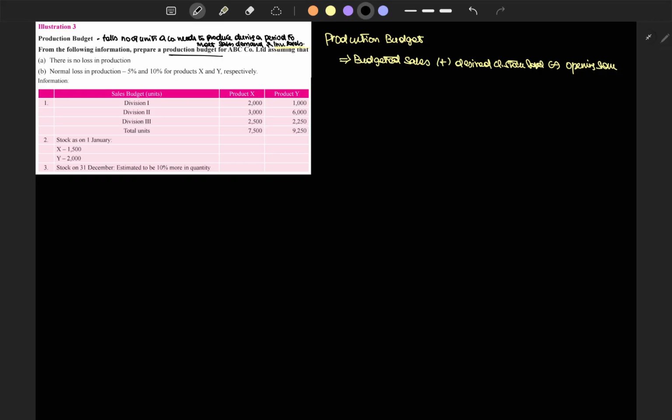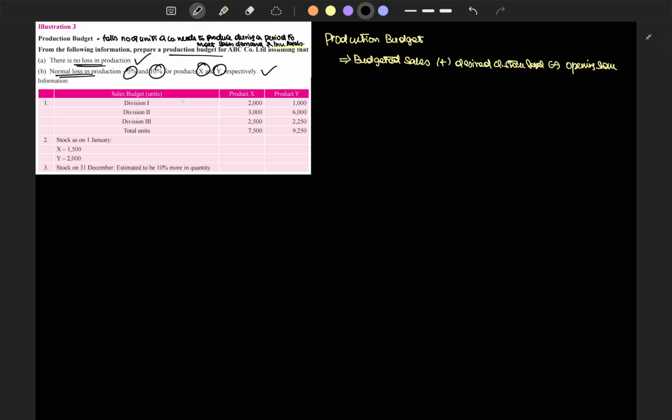From the following information, prepare a production budget for ABC company, assuming that there is no loss. In this problem, we have to find the production budget when there is no loss and when there is a loss of 5 percent and 10 percent during production while producing product X and product Y. These two assumptions were given by the question.